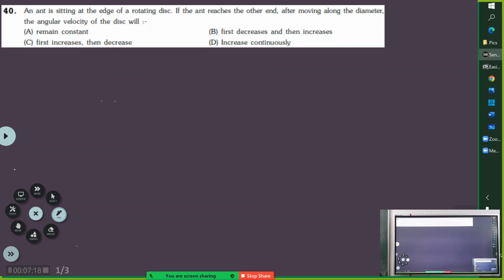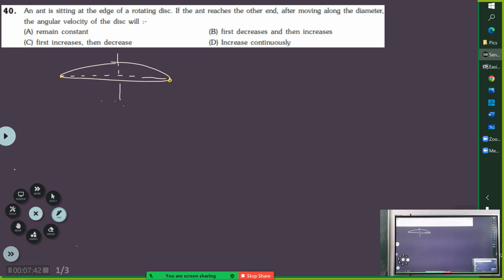Now the hand reaches the other end after moving along the diameter; the angular velocity of the disc will... We have a similar problem with a slight difference. The person is here and is going to move like this and come to the other end.